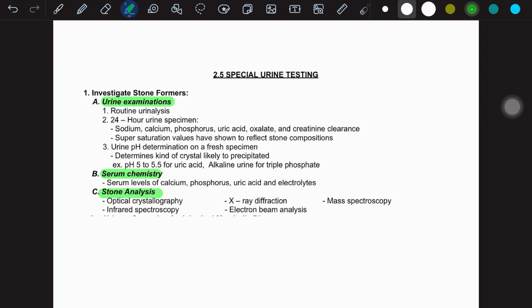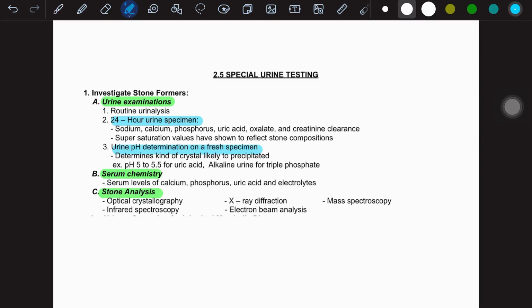We have routine urinalysis, and for our 24-hour urine specimen, that is for sodium, calcium, phosphorus, uric acid, oxalate, and creatinine clearance. Urine pH determination on a fresh specimen determines the kind of crystal likely to be precipitated.